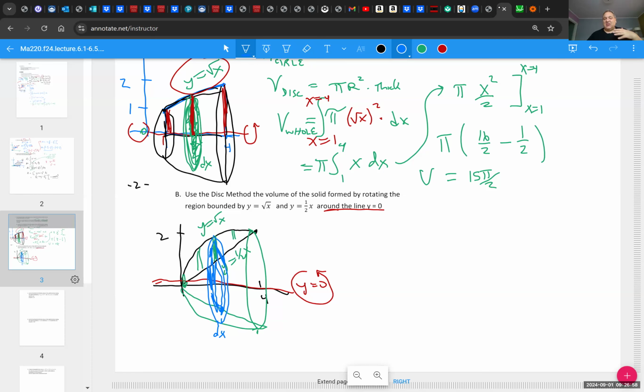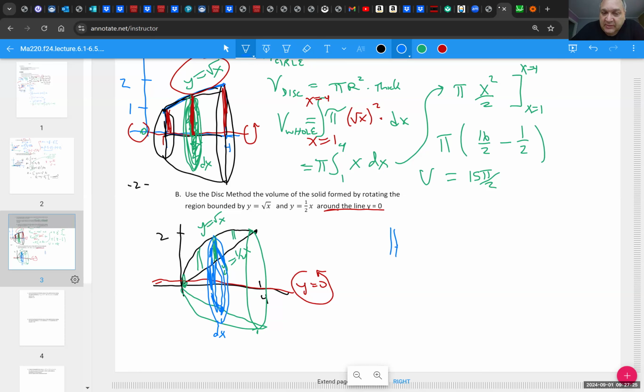So we're just trying to find the volume of the whole disc minus the volume of the hole, and that will be the volume of this washer. This is called a washer, or some people call this the washer method. It's really still the disc method. We're just going to be taking the entire disc minus the hole, that missing part in the middle. Let me draw this again, just without all of the stuff in the way.